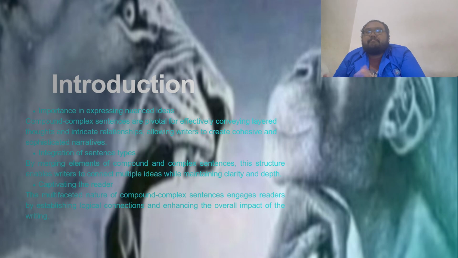Compound complex sentences are pivotal for effectively conveying layered truths and relationships, allowing writers to create cohesive and sophisticated narratives, and the integration of sentence types by merging elements of compound and complex sentences.